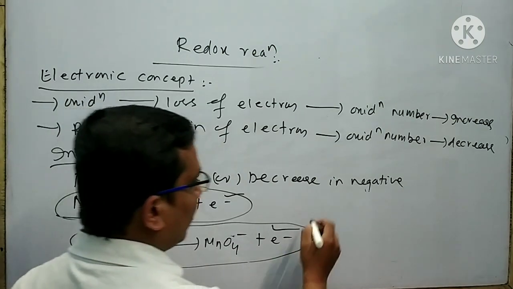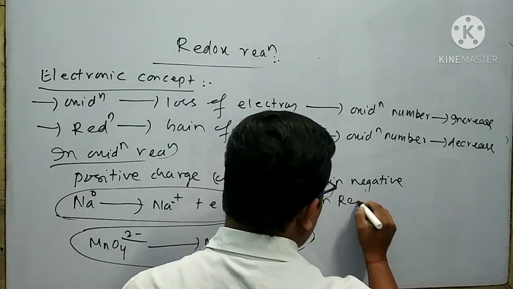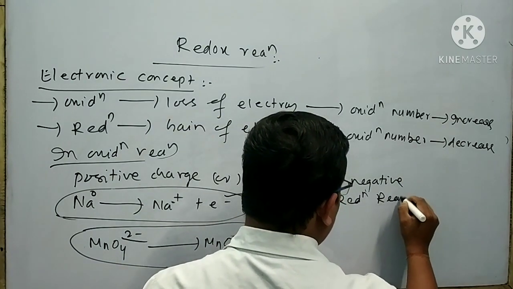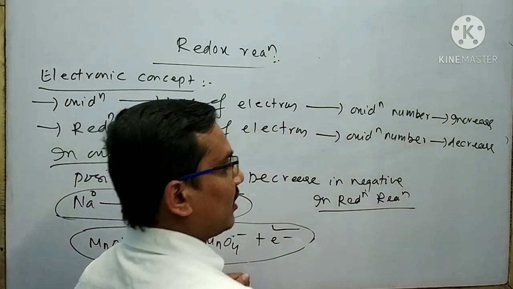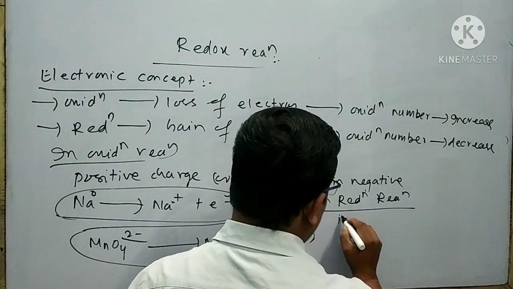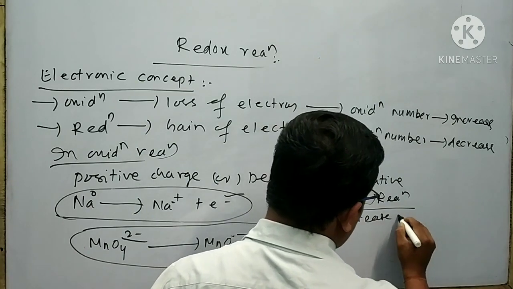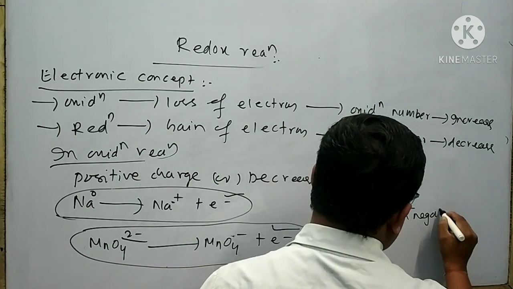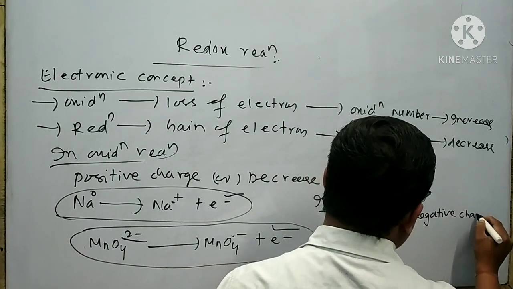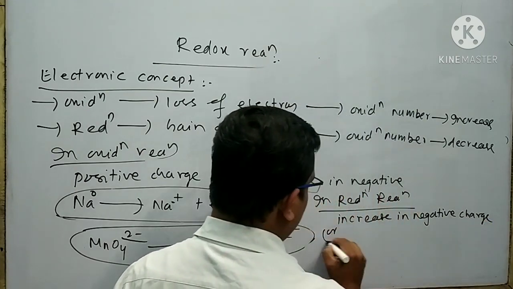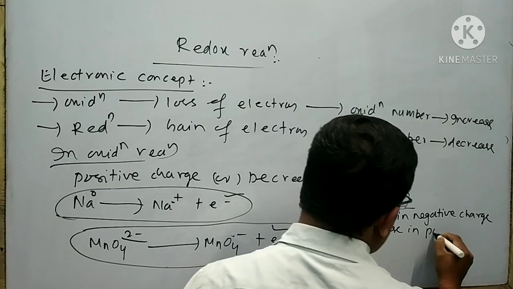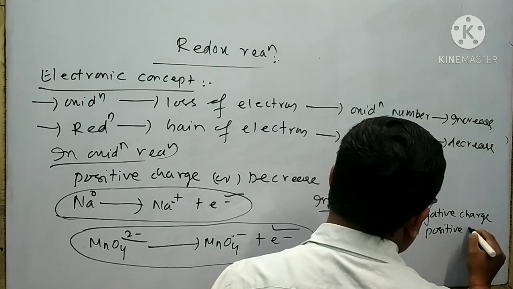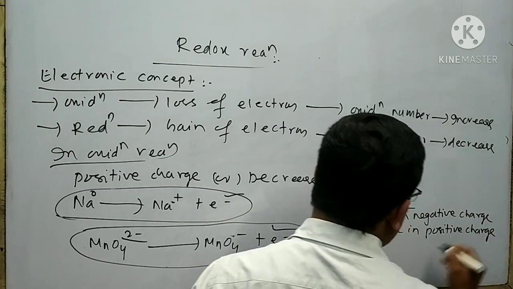Similarly, in reduction reaction, due to addition of electrons, there is an increase in negative charge or decrease in positive charge.